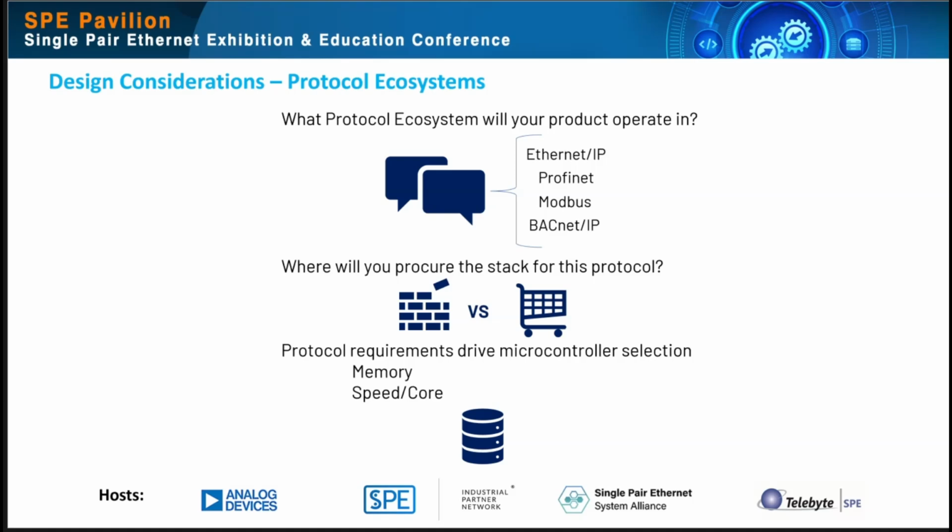How am I going to acquire that stack? Am I going to buy it? Am I going to build it? Am I going to integrate it? That is often a concern that we see people looking at. It's something that needs to be considered. That choice of both protocol stacks and the acquisition of that stack, or what particular stack it's going to be, will drive both memory and processor requirements. We'll talk about that in processor selection.